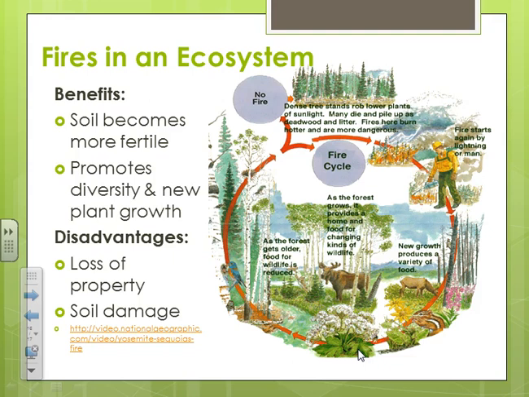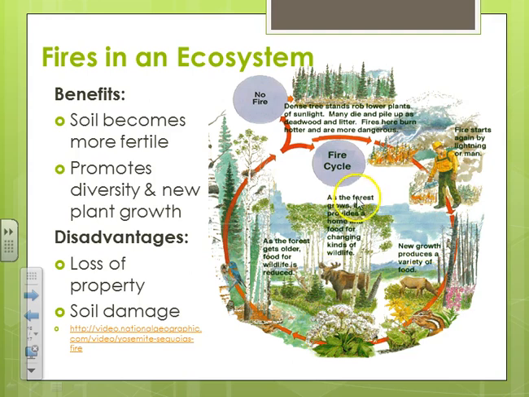Let's go ahead and look at this fire cycle. A fire starts by either lightning or by man. And I'm over here where you see the firefighter. The new growth produces a variety of food.